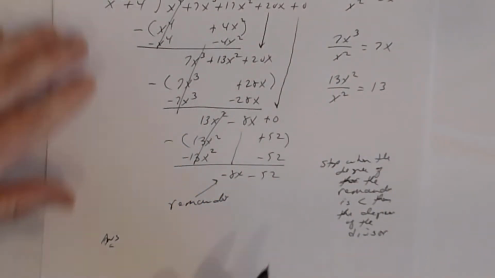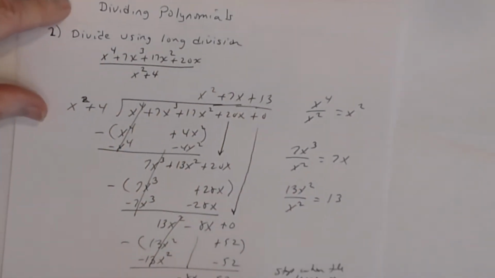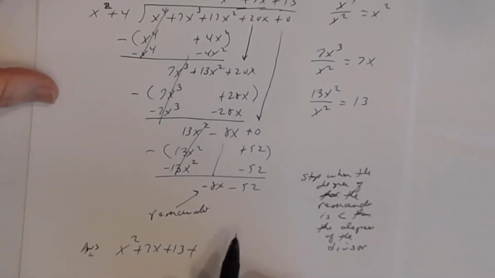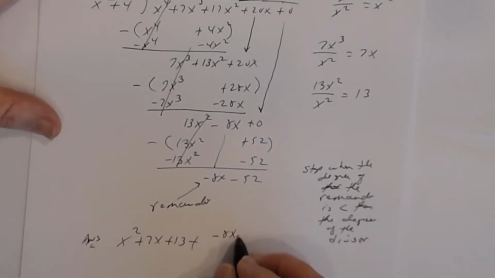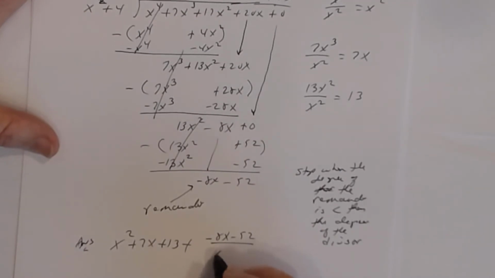So the quotient is this up here, x squared plus 7x plus 13, plus the remainder, negative 8x minus 52, divided by the divisor, x squared plus 4. And there's your answer.